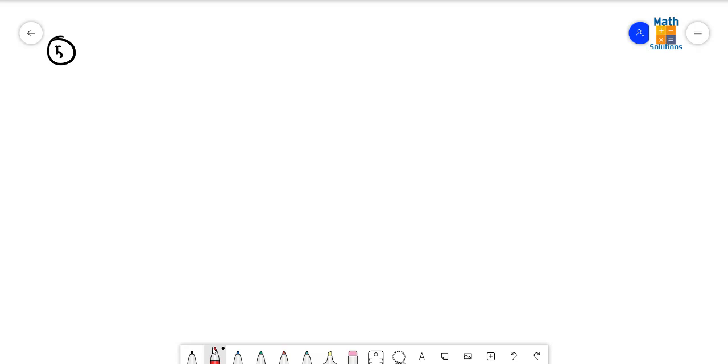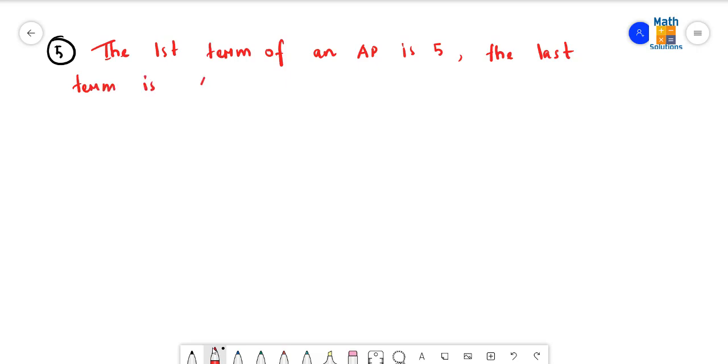The first term of an AP is 5, the last term is 45, and the sum is 400.